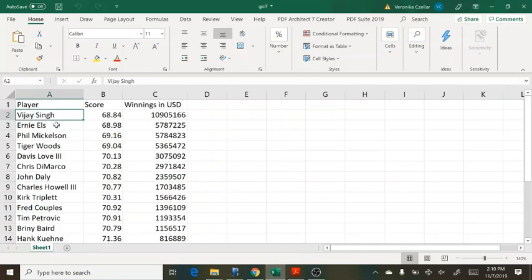You see 22 golf players, and the scores are proportional to the number of strokes. So the smaller the score, the better the performance of the player, and the winnings in US dollars.